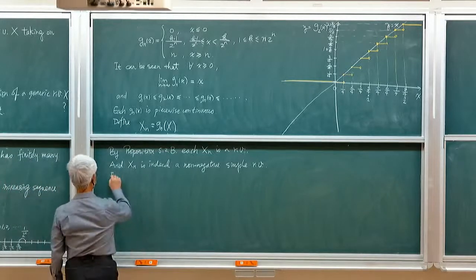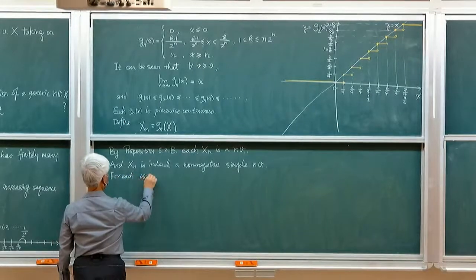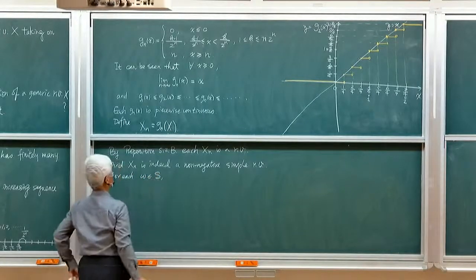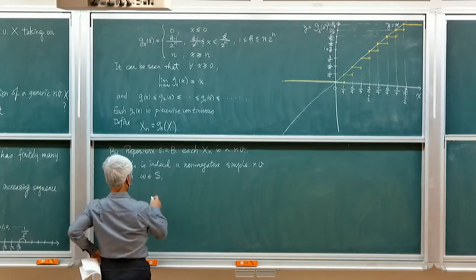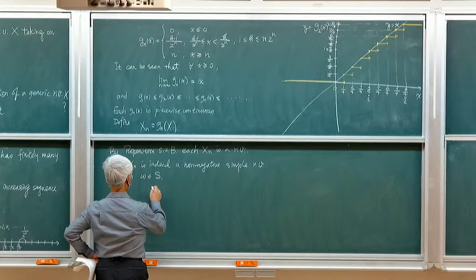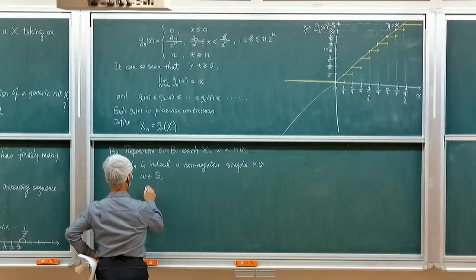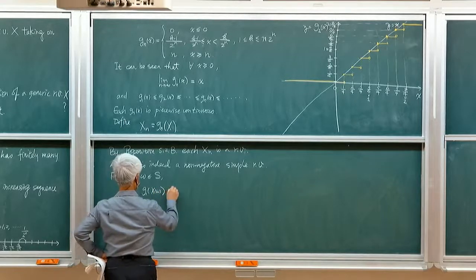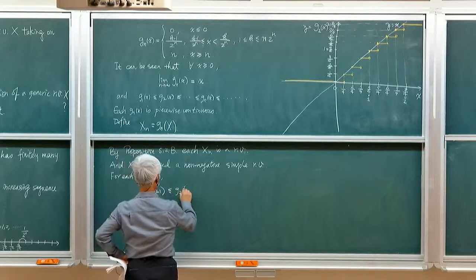Now, for each outcome in the sample space, we know that G1(x(omega)) is less than or equal to G2(x(omega)).